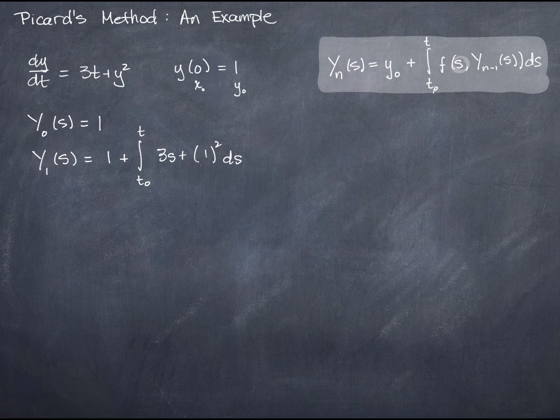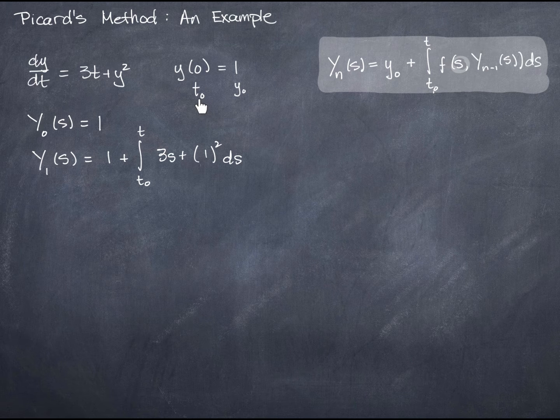Now there's one other thing that I can do here. I'm integrating from t naught to t, but I know what t naught is. I've confused my variables again. This should be t naught. Okay, since I'm integrating here from t naught to t, I know what t naught is. Remember, we've said all along that t naught is a specific number, we just don't know what it is. Well, this time we do know what it is.